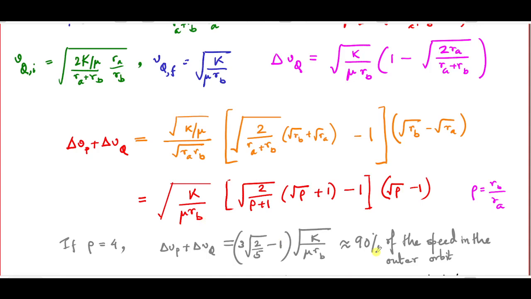So this is the amount by which the speed will have to be changed in the two impulses during a Hohmann transfer.